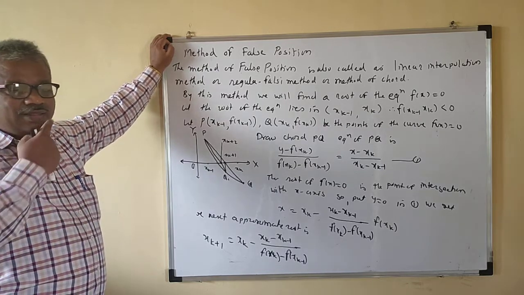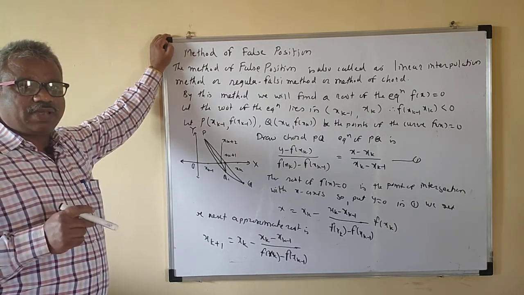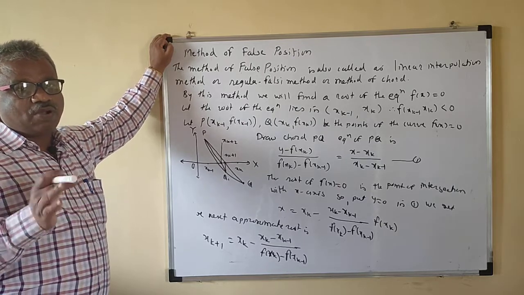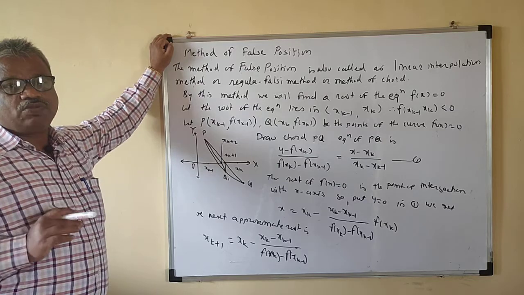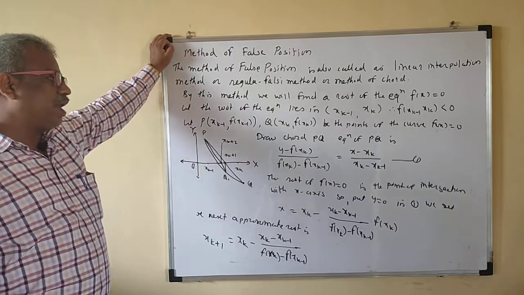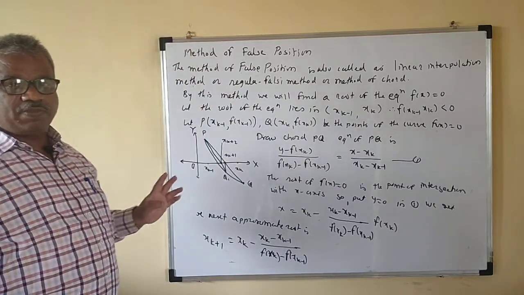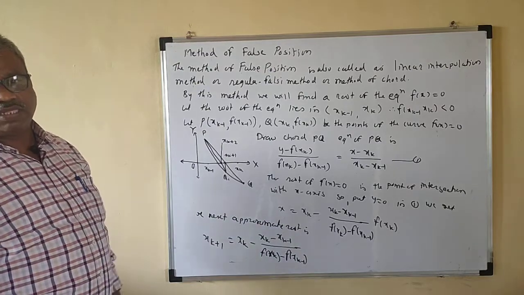Last time we saw the bisection method, where we find a and b in such a way that f(a) times f(b) is less than 0. So we will find the values of a and b so that f(a) times f(b) is less than 0.